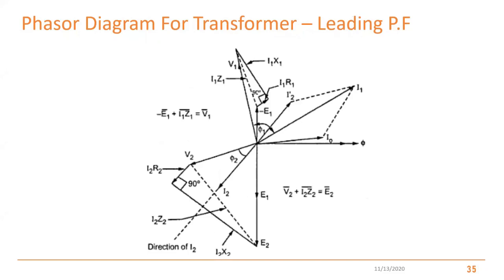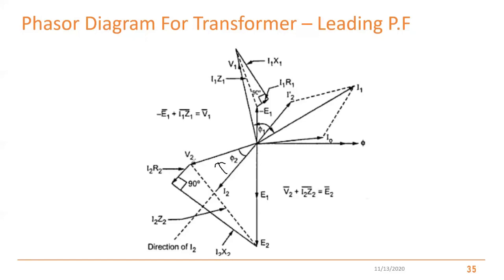So now, since the I2 is leading, that means the V2 should be in clockwise direction, okay, by the load power factor angle phi2.